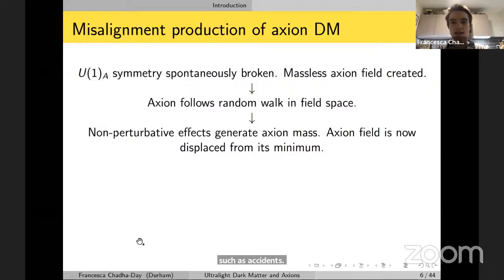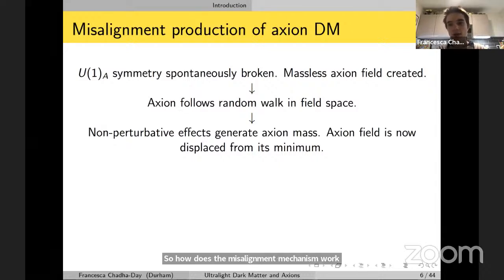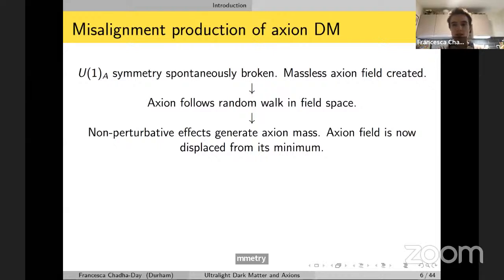So how does the misalignment mechanism work? It happens when we have a field that is created as a pseudo-Goldstone boson of some broken symmetry. Say that symmetry is spontaneously broken, and then that will create a massless axion field.